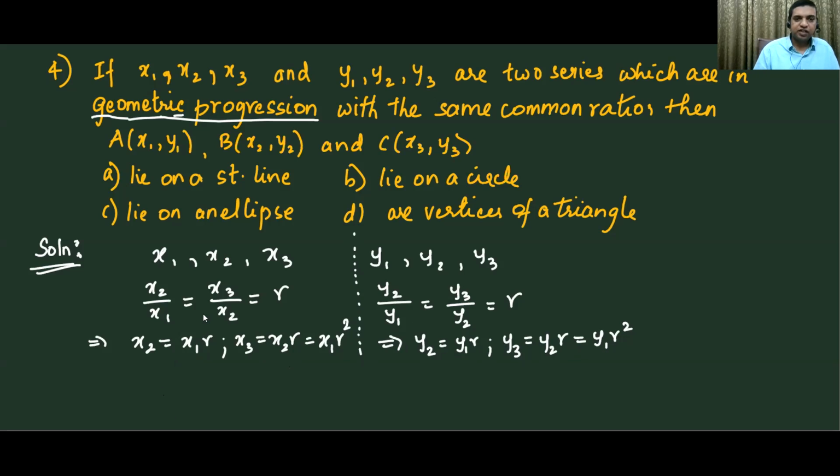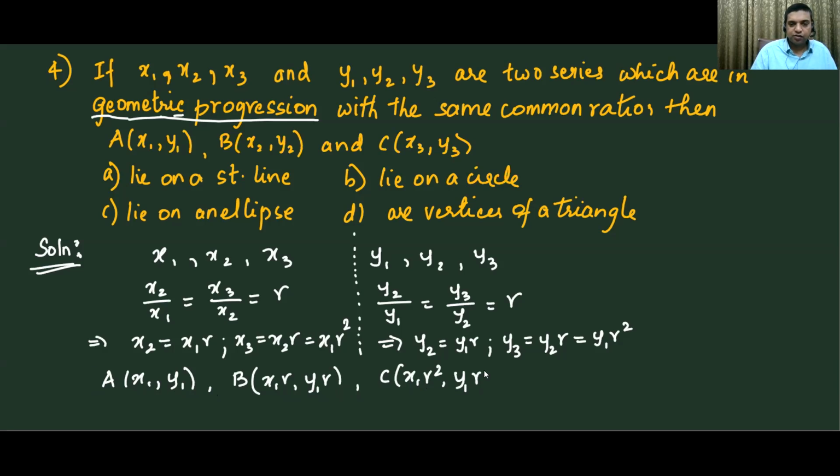So we can write the 3 points as A is (x1, y1), B is (x2, y2) which is (x1 times R, y1 times R), and C will be (x1 times R square, y1 times R square).